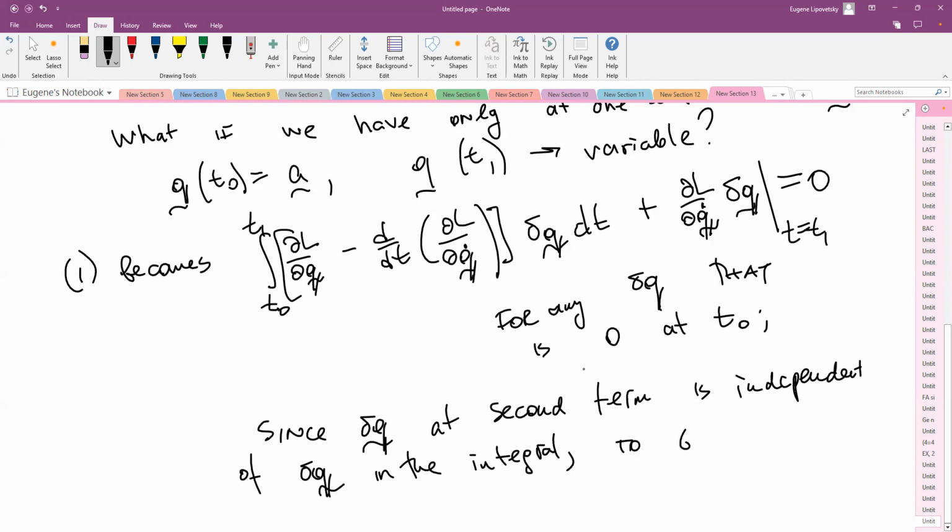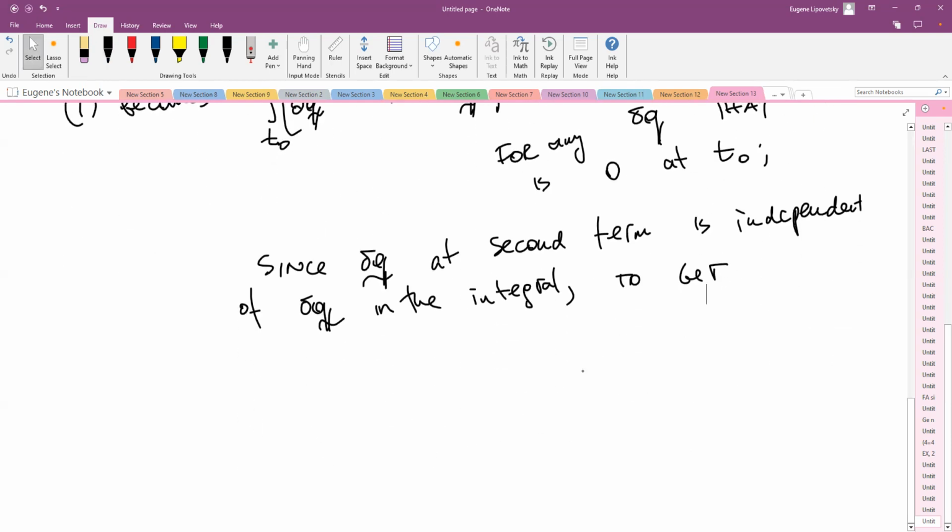To get 0 for any delta Q, we need the following.